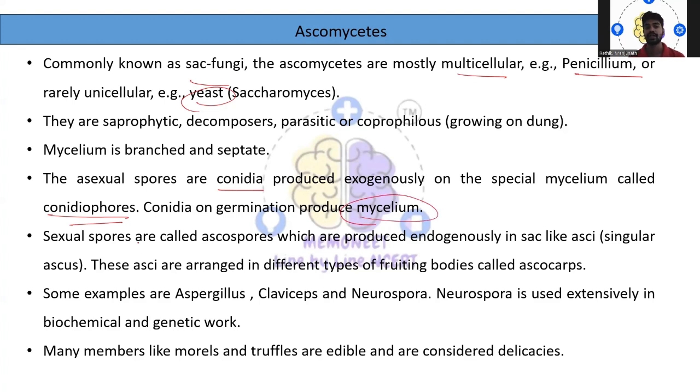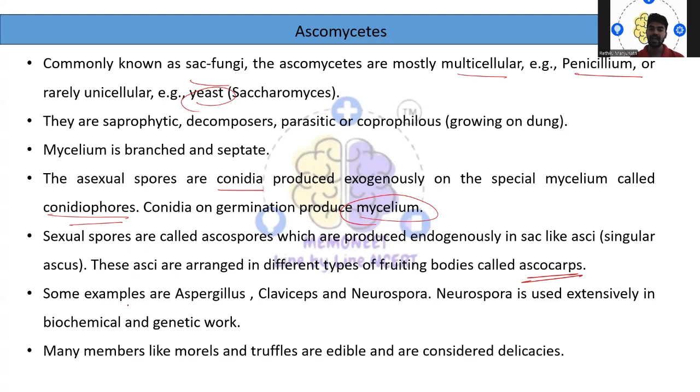The sexual spores are called ascospores, which are produced endogenously in sac-like structures called asci. They are arranged in different types of fruit bodies called ascocarps.